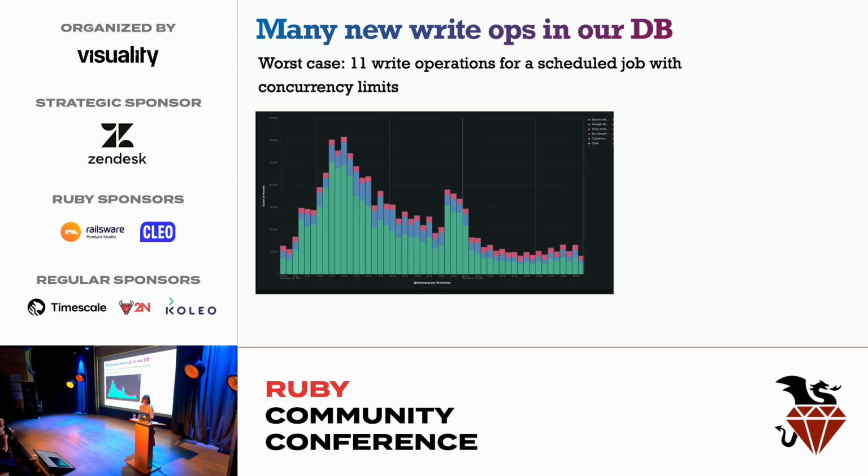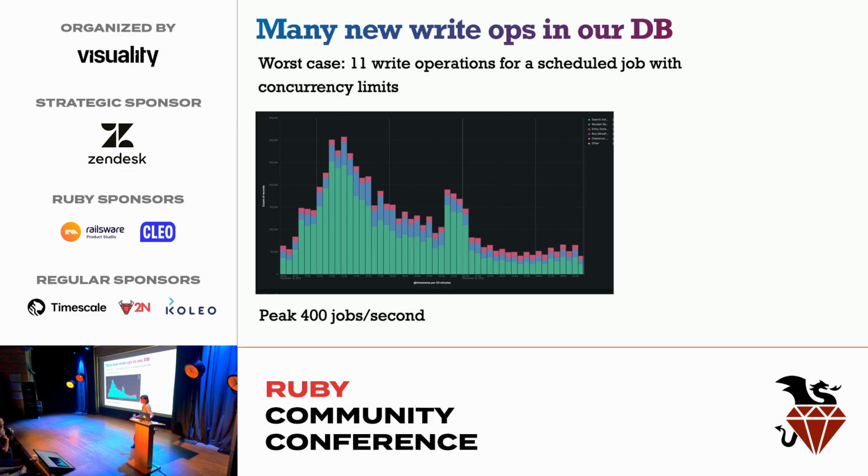So we looked into what our job distribution looked like, all our jobs that use this sequential restriction. We had a peak of 400 jobs per second, and we made some back of the envelope calculations with one of my colleagues in the SRE team.